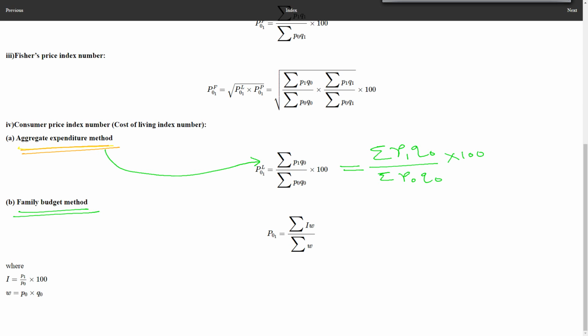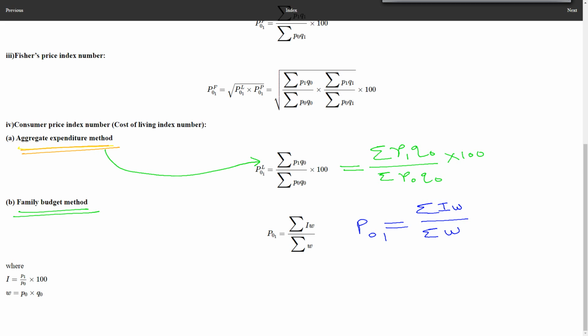The next formula is the consumer price index number by the family budget method. It is given by P01 is equal to summation IW upon summation W. Here I is the index of the commodity and W is the weight of the commodity.